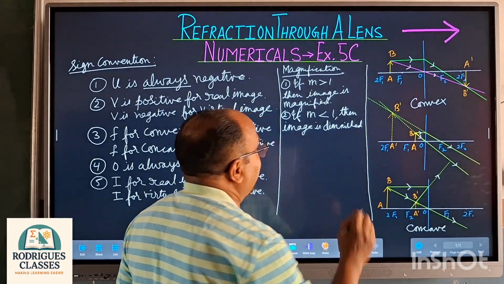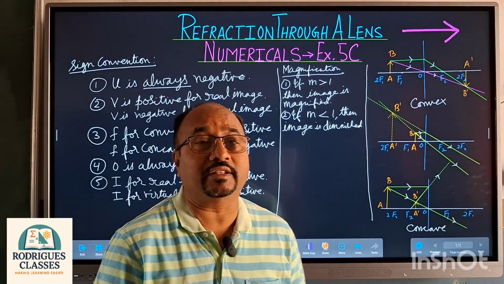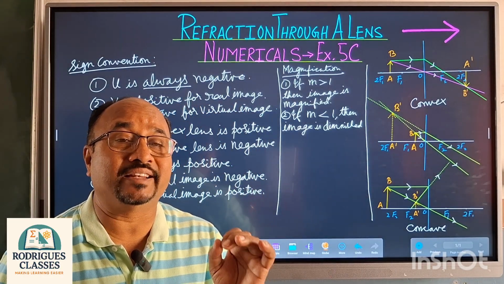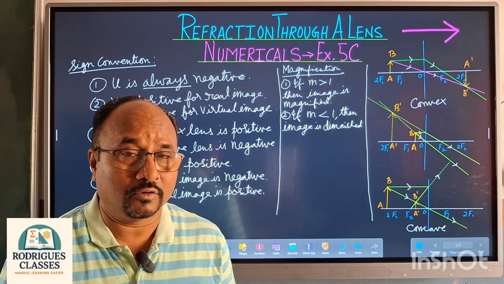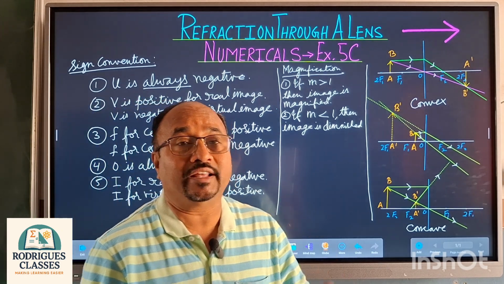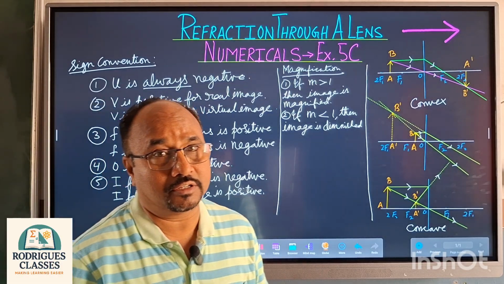Okay, it means the size of the image will be smaller than the size of the object when the m value comes as less than 1. So the number will decide whether it is magnified or diminished.